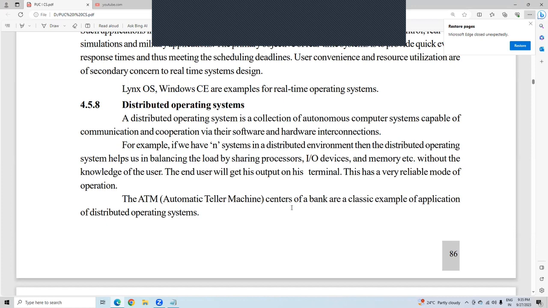Assume that there are n number of systems in the distributed operating system environment, right?